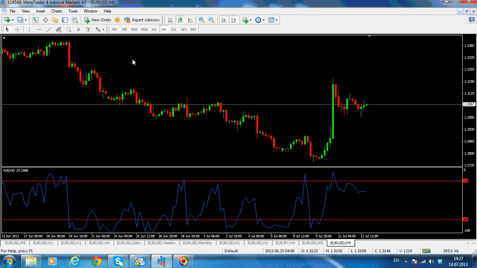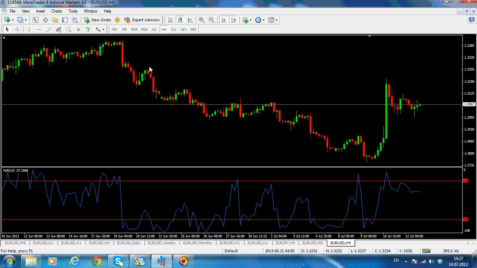So what you have here is a 4-hour chart, and these are the levels, minus 20 and minus 80. Remember, whenever the oscillator stays below the minus 80, this is considered a bearish market from our point of view, not an oversold one but a bearish market, and the bullish market is above the minus 20 level.